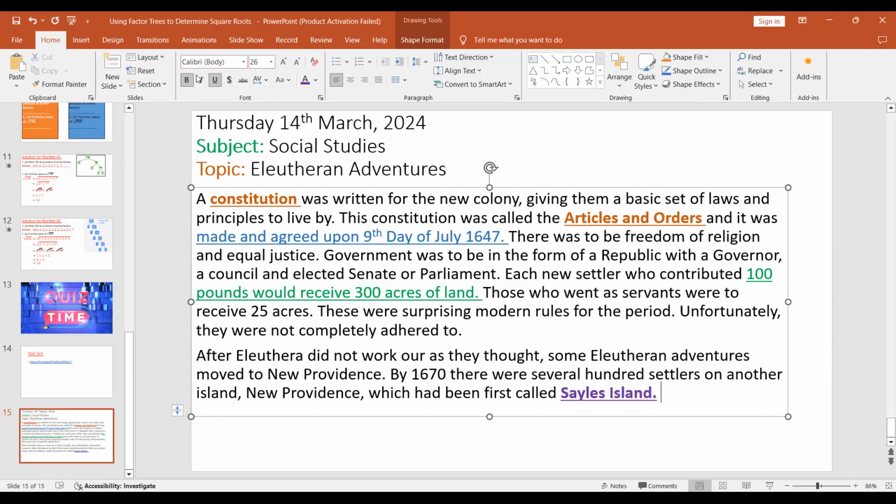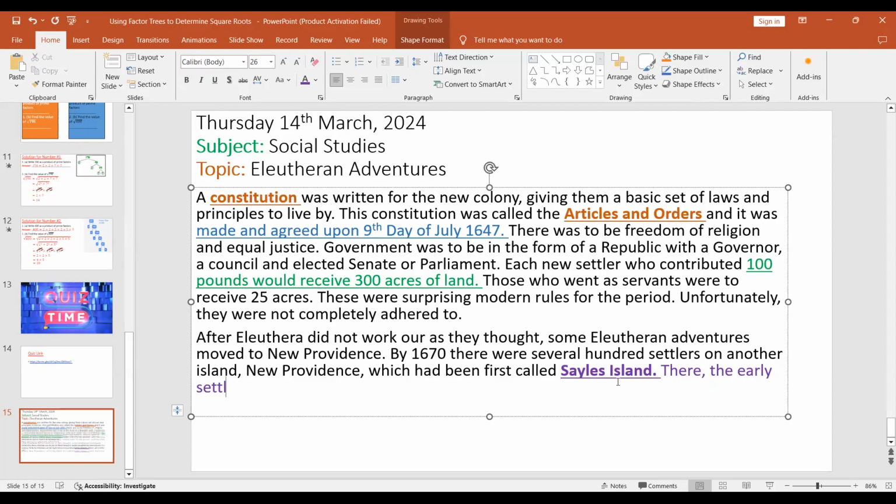So there, the early settlers found life somewhat easier than in Eleuthera.